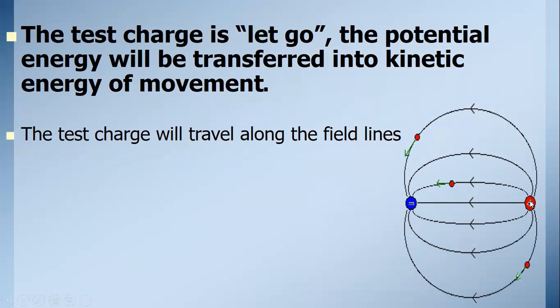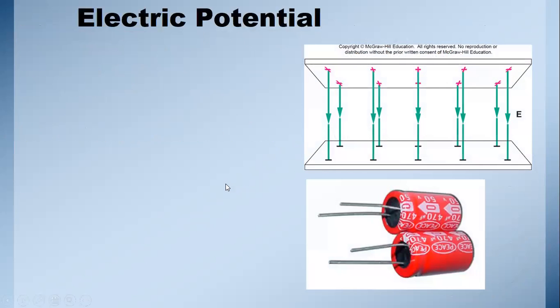If you keep a charged particle in the electric field, the test charge will travel along the field line. So it's creating kinetic energy because it's moving, right? Moving energy is kinetic. When you keep a test charge between the electric field lines, the charges will start moving.